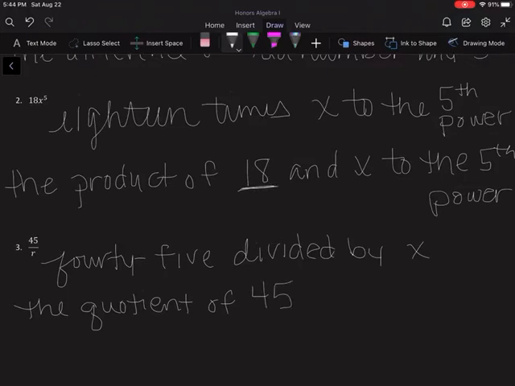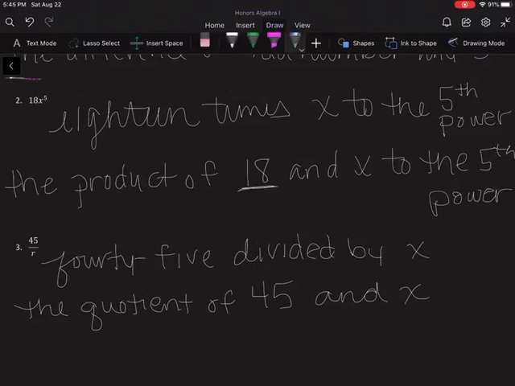We should write it out in words, but for time's sake, 45 and x. Okay? So lots of different words there that you have to decipher from, right?